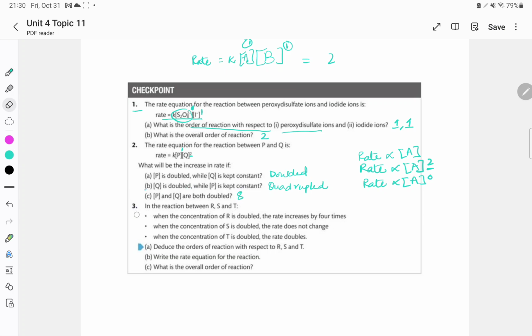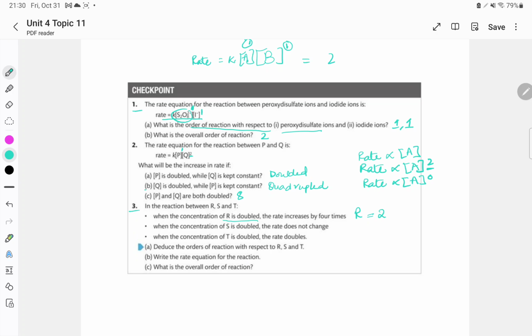Talking about question number 3, in the reaction between R, S and T, when the concentration of R is doubled, the rate increases by 4 times. That means it's a second order. So R is actually a second order, because if I double it, it becomes 4 times.